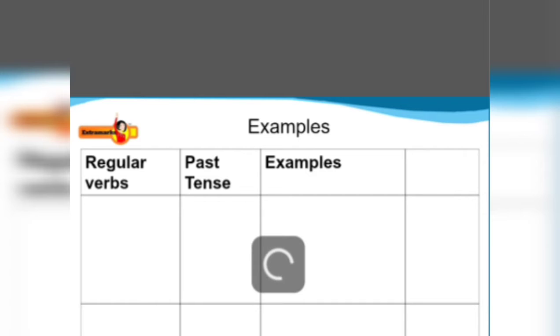Let's look at some examples using regular verbs, irregular verbs and auxiliary verbs. Here, notice that ed is added to the regular verbs, form and inspire respectively.